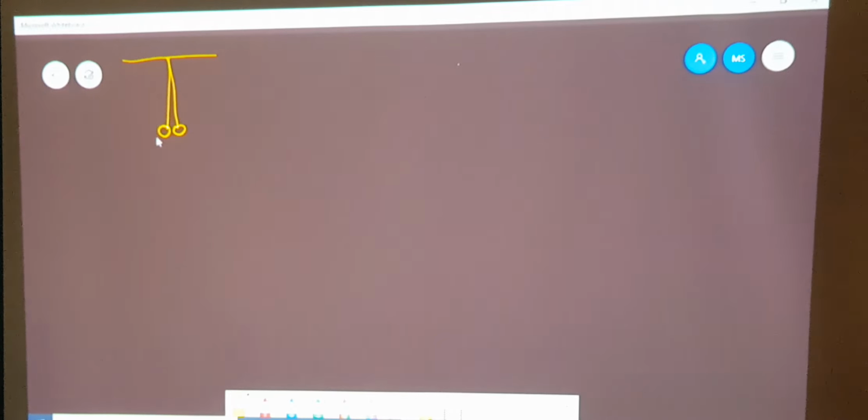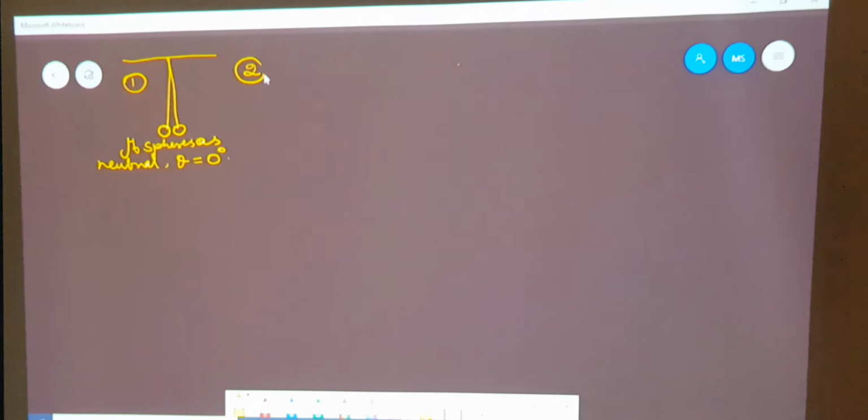If you are considering the spheres as neutral, then the angle of deflection theta is equal to 0. Let us consider this as the first diagram.